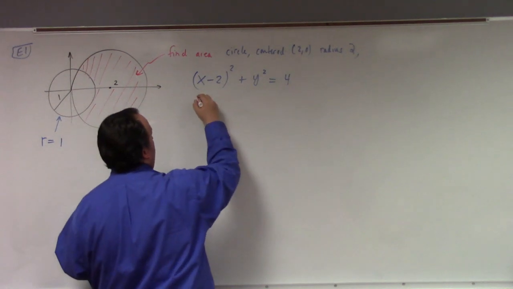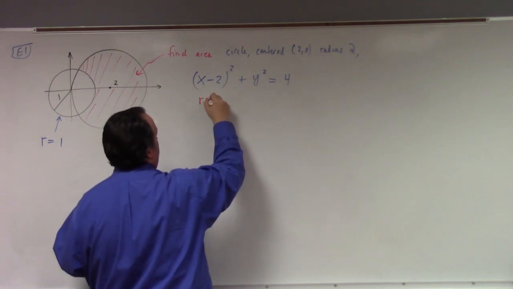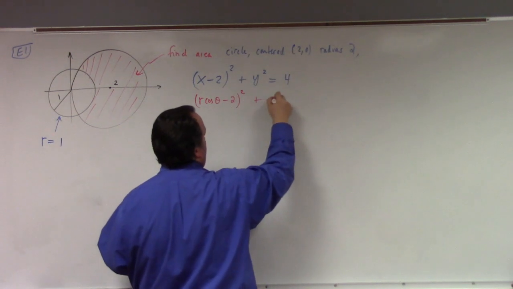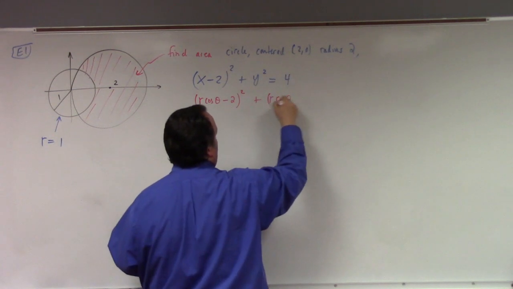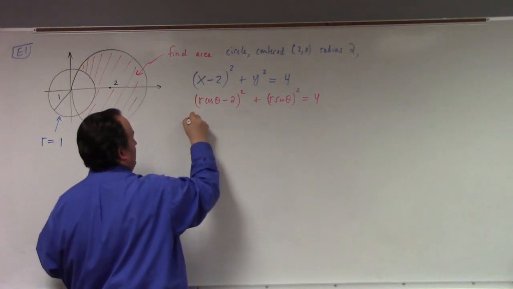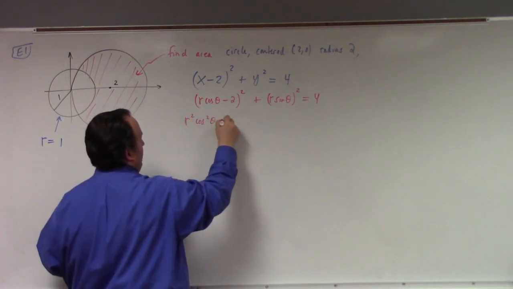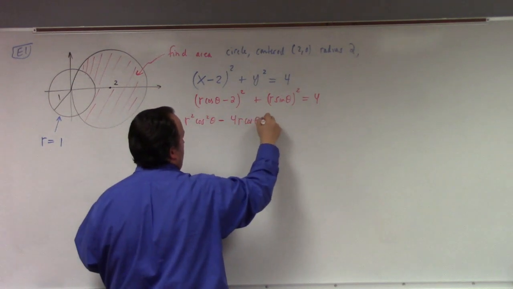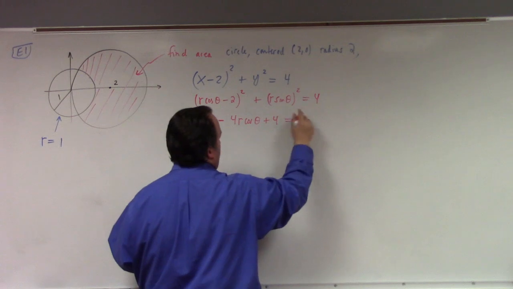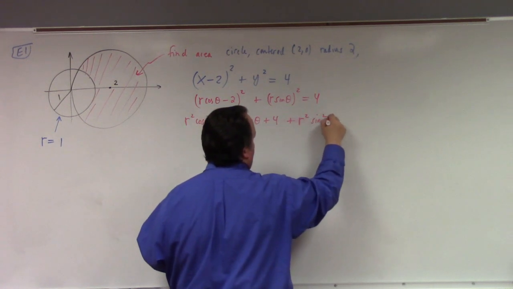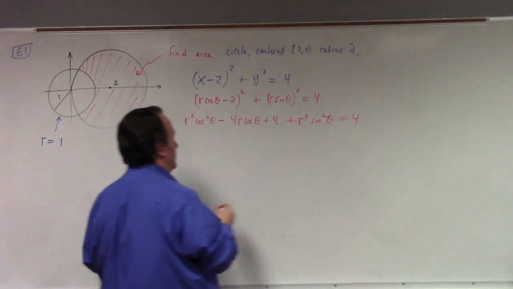So this is (r cosine theta minus 2) squared plus (r sine theta) squared equals 4. Multiply this out, we've got r squared cosine squared theta minus 4 r cosine theta plus 4, oops, sorry, my bad, plus r squared sine squared theta equals 4.